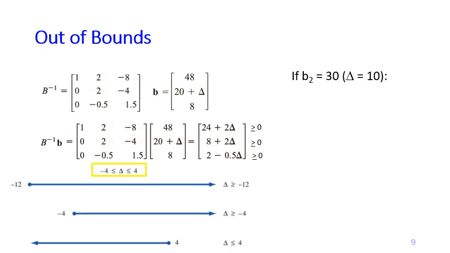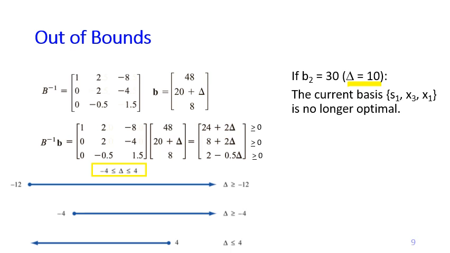Now, what if the value of b2 changes to 30, which means that delta is 10? We see that the delta, or the change, is outside of the allowable range. So it means that the current basis S1, X3, X1 is no longer optimal.